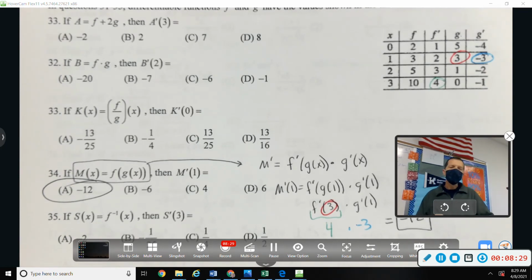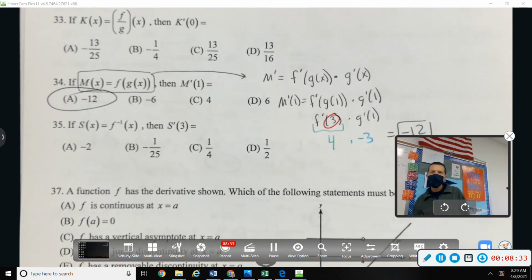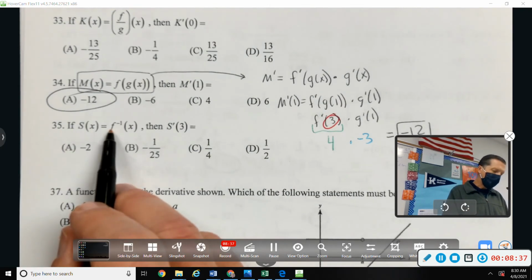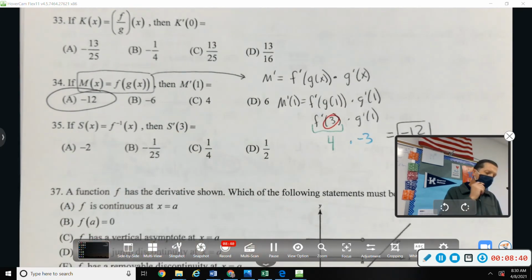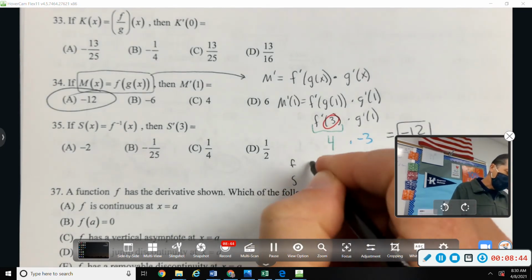Oh, let's do 35. Then we'll be done, because that's the long way around on the inverse thing. If s is the inverse of f, then s prime of 3 equals. Okay, so f. This is where we set this table up.